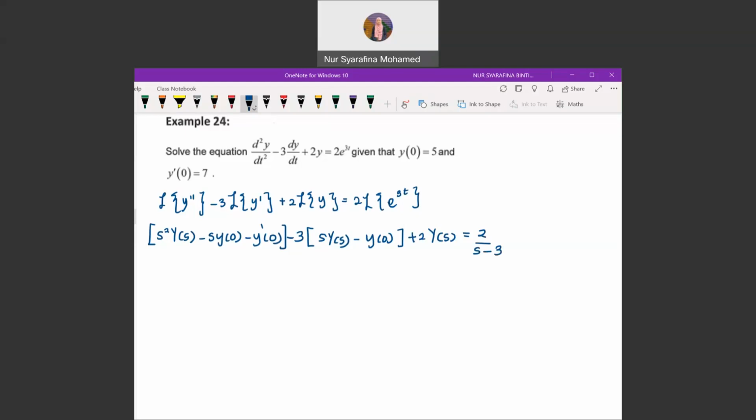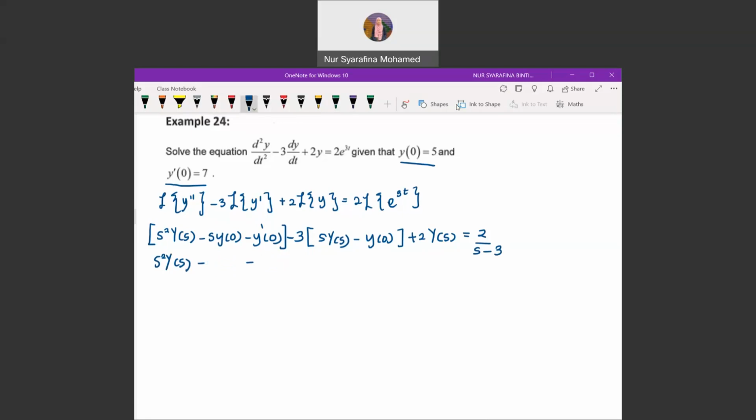Then substitute the given conditions, y naught equals 5, y naught prime equals 7. So here again, rewrite y naught equals 5, y naught prime equals 7.